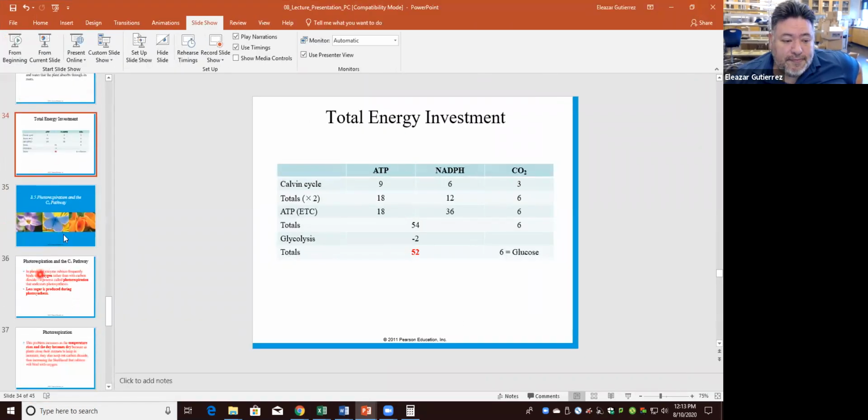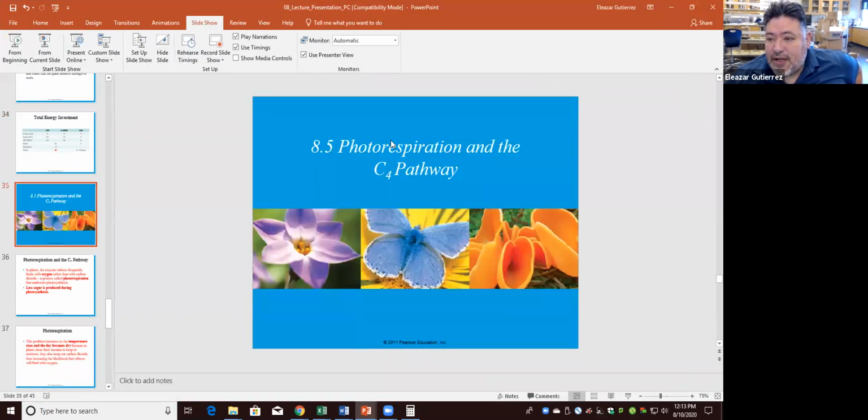Okay. Last point. The last point is photorespiration. We started with this topic at the beginning of the last hour because remember I told you plants that carry out photosynthesis, which means that they're taking in carbon dioxide and they're taking in water. They're producing sugar and they're producing oxygen, right?